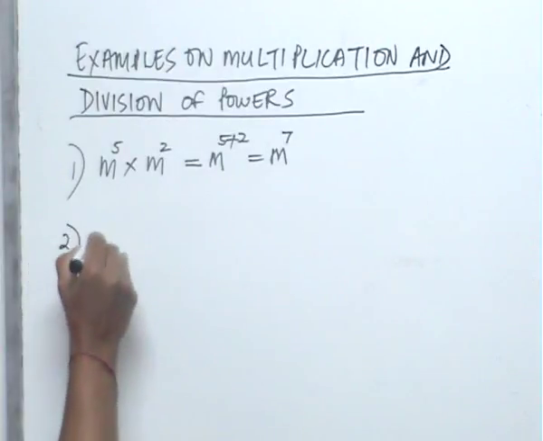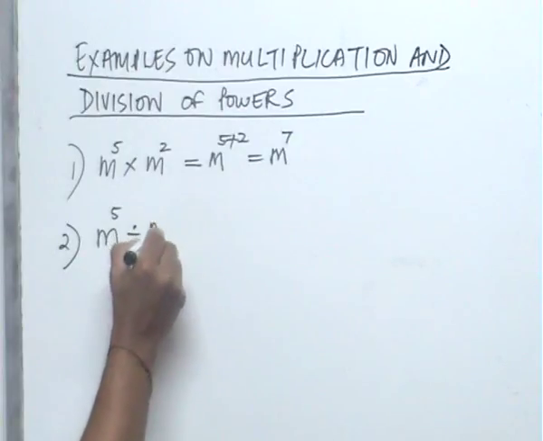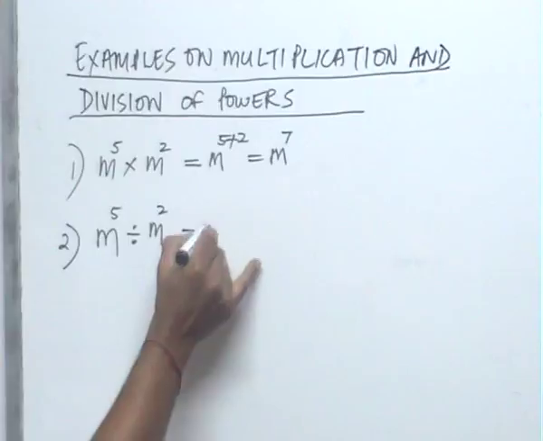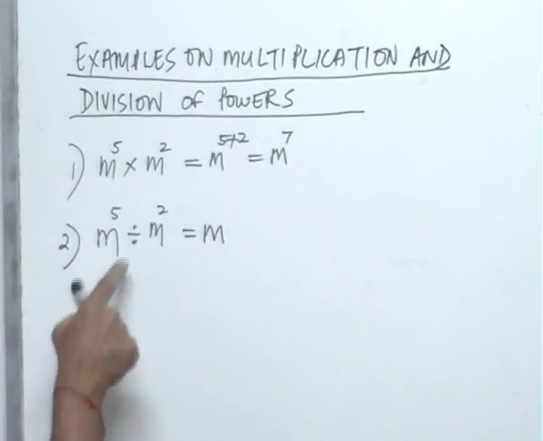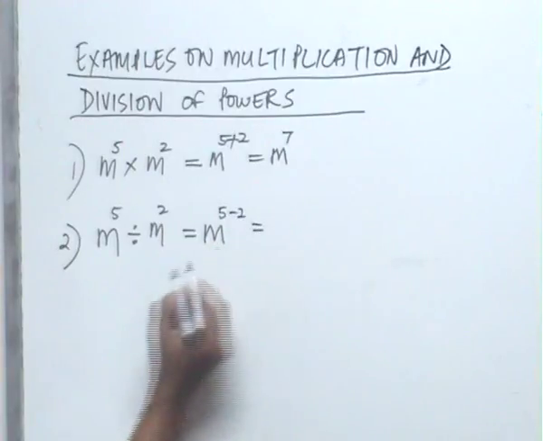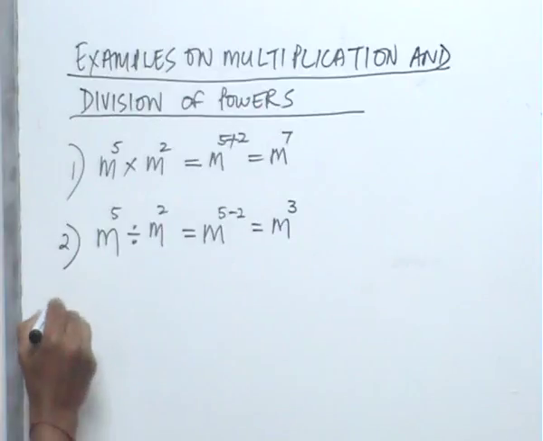Take example 2, m to the 5 divided by m squared. Now you'll say, well, write down the common base once. This is division, therefore I must subtract the indices. 5 minus 2, and I'll get m to the 3.